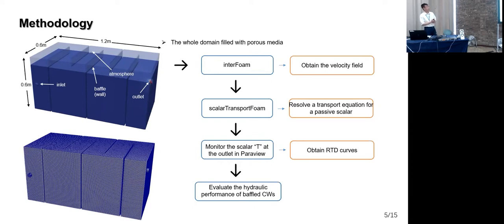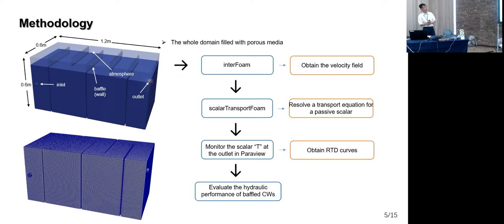Firstly, I used interFoam to obtain the velocity field. As you know, interFoam is a two-phase solver, so this step can provide the information about the water surface position. And then I use scalarTransportFoam, which is a solver for resolving the transport equation for passive scalar T. This step actually simulates the tracer movements through the tank.